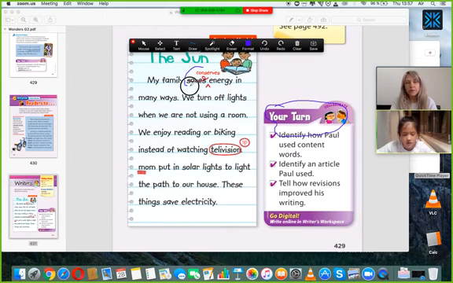So we'll begin from this phrase, conserving energy. That's the main idea of the text. What else? So try to find content words, words that show us the main idea of the text.